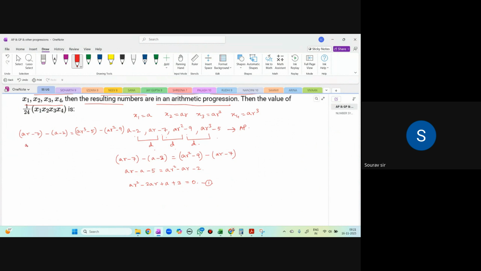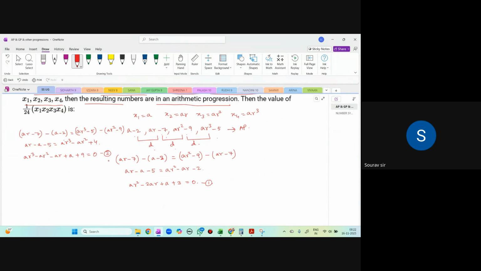So again, ar minus a minus 5 equals ar cube minus ar square minus 5 plus 9, which is plus 4. So I have ar cube minus ar square minus ar plus a plus 9 equal to 0. So this is my second equation.